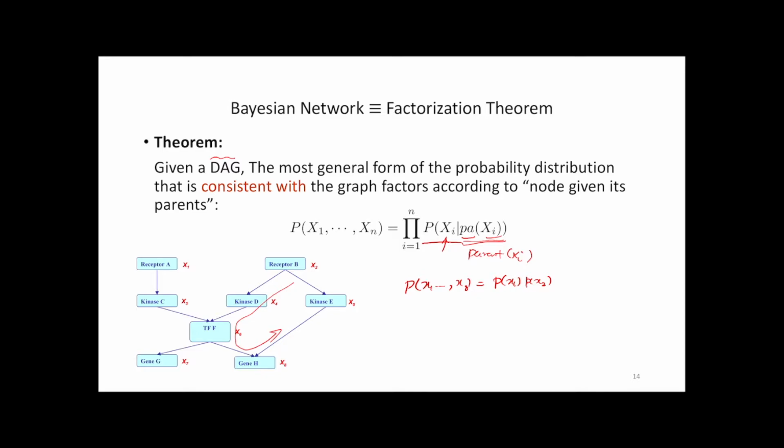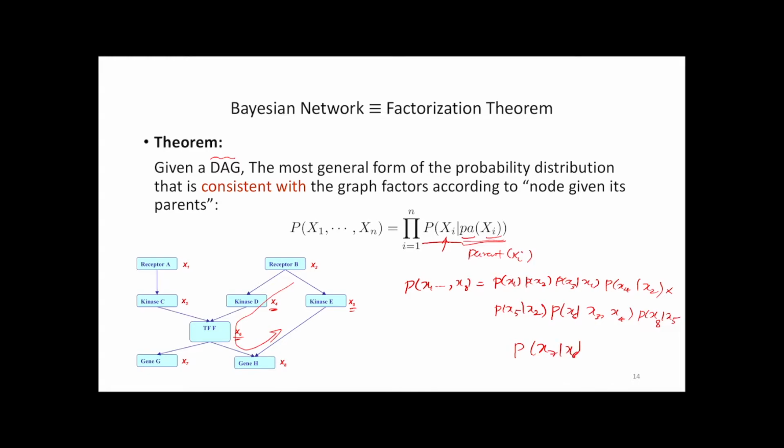And then x3 is dependent on x1, x4 dependent on x2, next line, and x5 dependent on x2, and x6 dependent on 2 random variables. And x8 dependent on x5, and x7 dependent on x6.